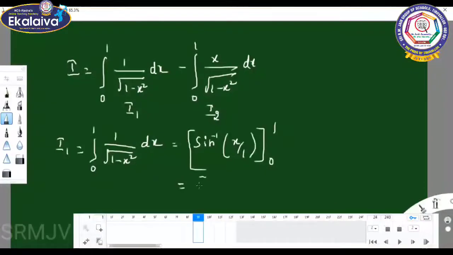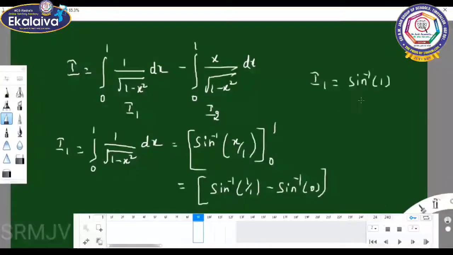You can apply the upper limit, sine inverse of 1 minus sine inverse of 0. So the answer is what? I1 equal to sine inverse of 1. Sine inverse of 1 value equal to pi by 2.